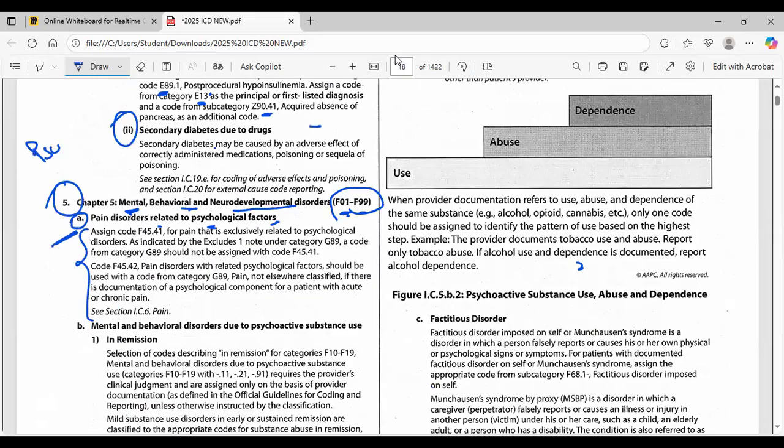So, for pain disorder related to psychological factors, we have two codes here. With F45.41, you are not allowed to use a pain code separately. And for F45.42, you are allowed to use a pain code separately in conjunction with F45.4.